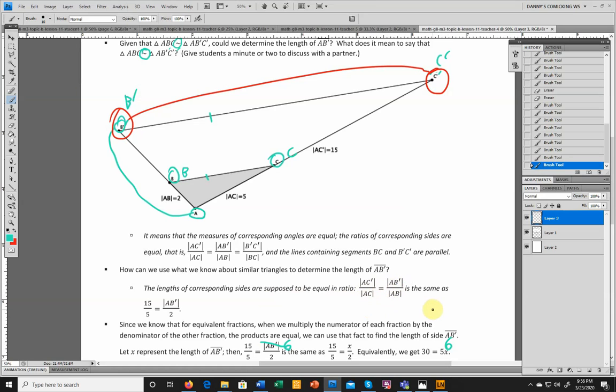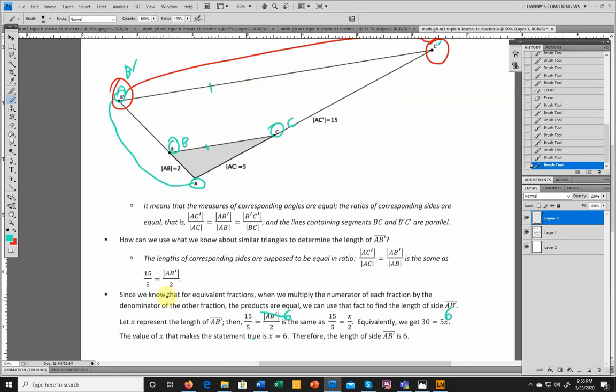It's the same as saying 15, we know this is 15 here, A to C prime is 15, over 5, A to C is 5. We can see that right here. They're laid over the top of each other. Equals AB prime, because we don't know what AB prime is. That's our x. Over 2. AB is 2.